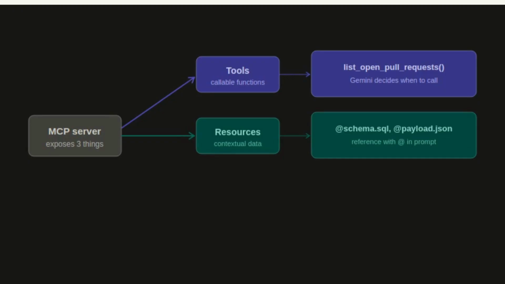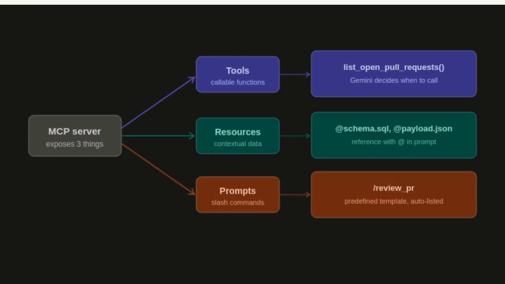Files, API payloads, database schemas that you can reference with the at syntax directly in your prompt. And the third is prompts. Predefined prompt templates that the server exposes that become slash commands inside Gemini CLI. If a connected server defines a review PR prompt, you can invoke it with slash review PR, like any built-in command. All three show up automatically in the slash mcp command once the server is connected.